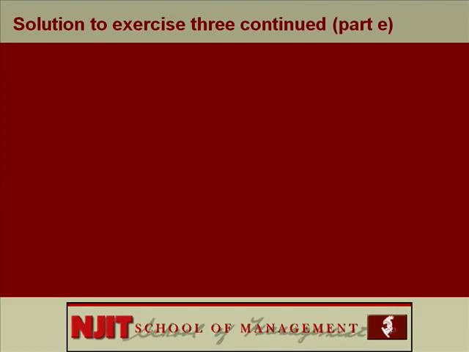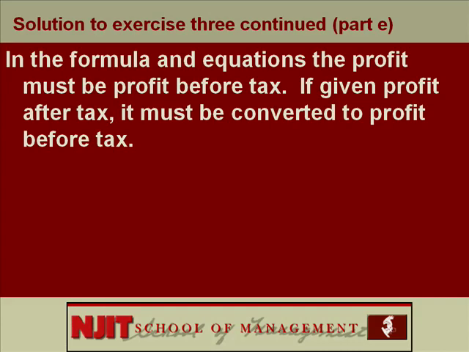What did they ask you in part E? If you look, they asked you how much to sell to make a profit after tax? Now, this is very important. In the formula and equations, the profit must be profit before tax.